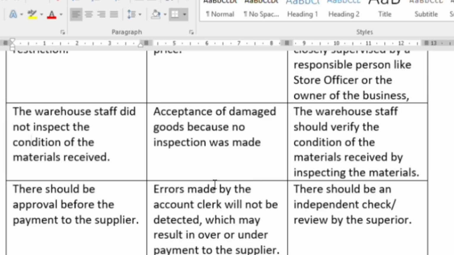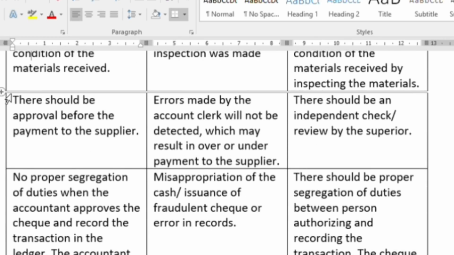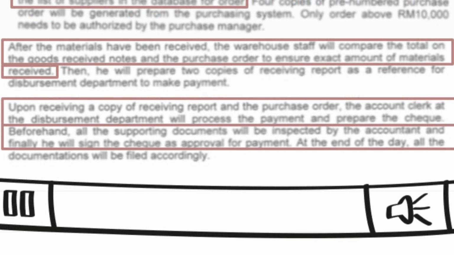Okay, the next weakness is there is no approval before the payment to the supplier. This is from this line: upon receiving a copy of the receiving report and the purchase order, the account clerk at the disbursement department will process the payment and prepare the check.